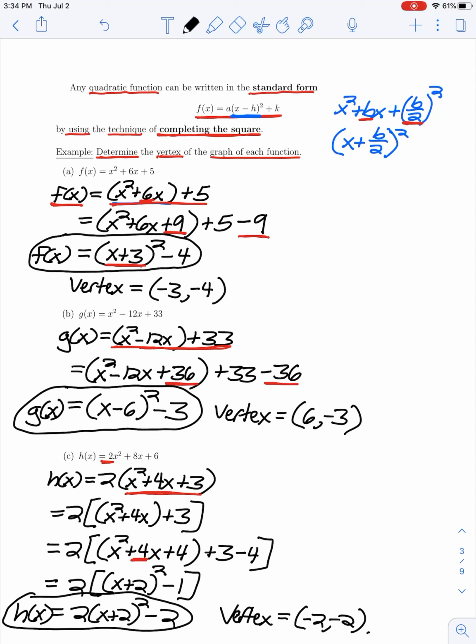All right. So in this example, we're illustrating a process known as completing the square, which is sometimes useful in writing a quadratic function in standard form, which can be useful if we're trying to find the zeros of a quadratic.